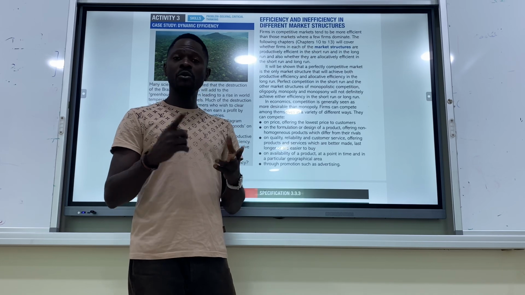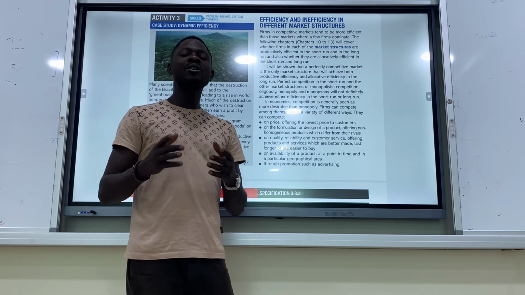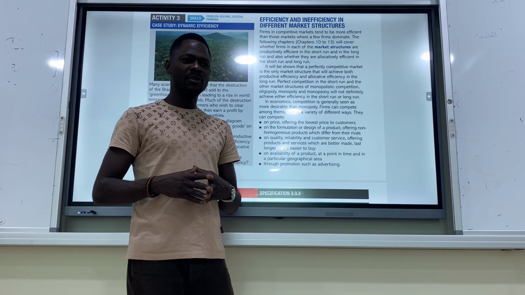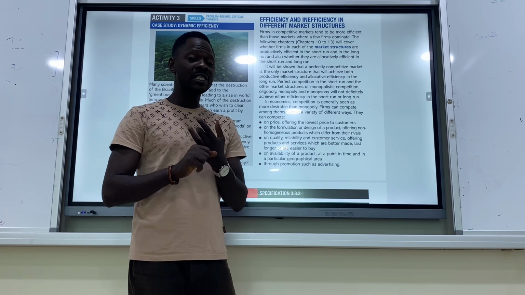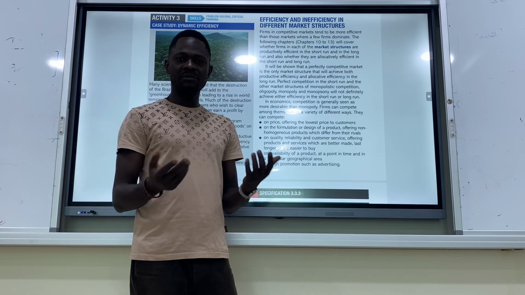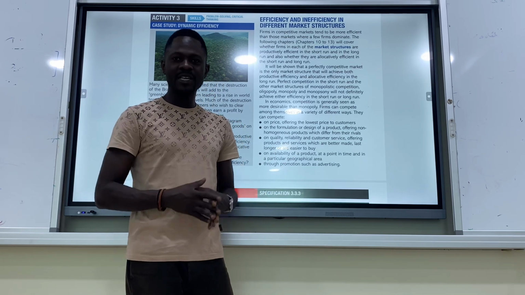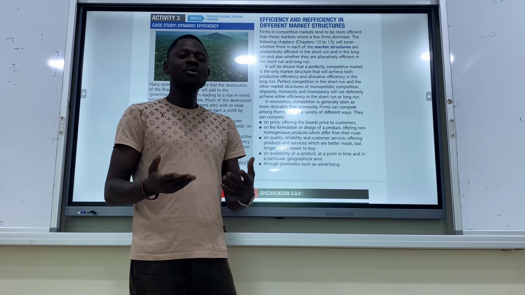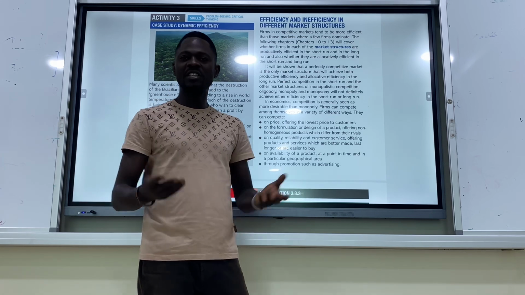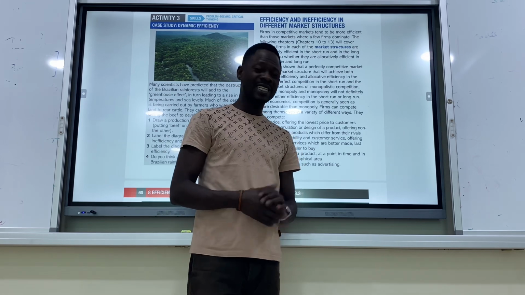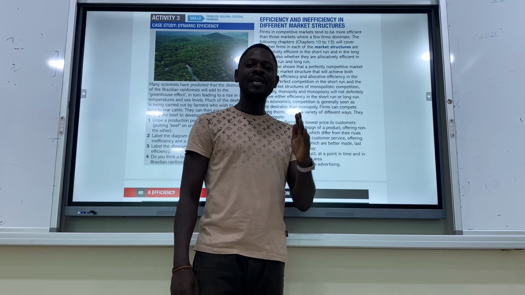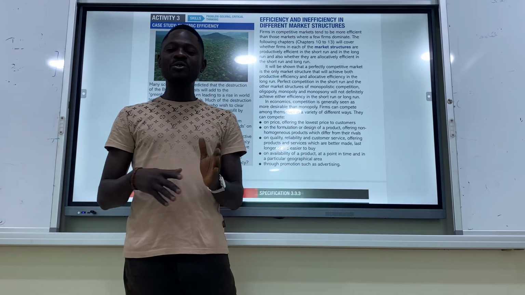For monopoly, monopolistic competition, and oligopoly, it is not achievable. Why? Because in these markets, competition is less, and there's even no competition in some. As a result, there's no motive to become efficient, because whatever cost they incur can be shifted to consumers. That is why there's no efficiency in these market structures.